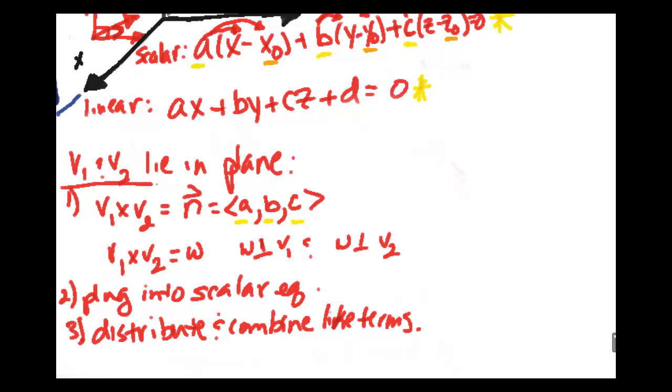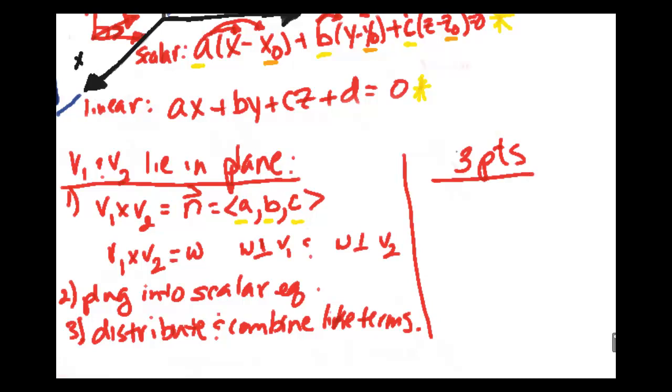So if you're given, let's say, 3 points that lie in the plane, there's only really one additional step. If you're given 3 points in the plane, you have to form those two vectors to do the cross product. So let's say you have A, B, and C that lie in the plane.